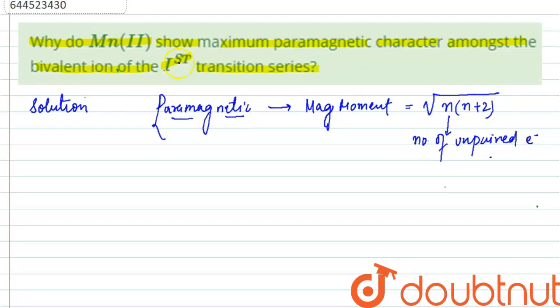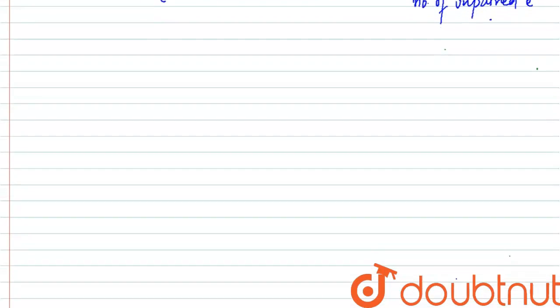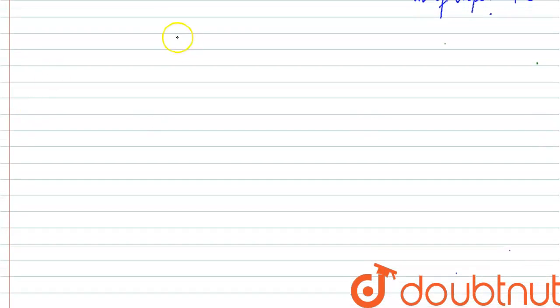To check why manganese plus 2 will show maximum paramagnetic character, we first have to write down the electronic configuration for all the ions in the first transition series, which is the 3d transition series.